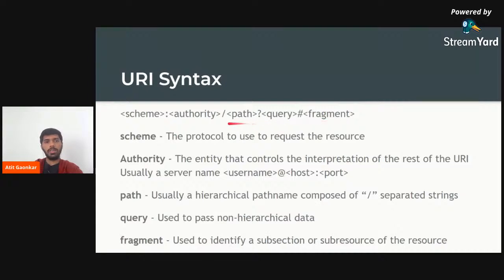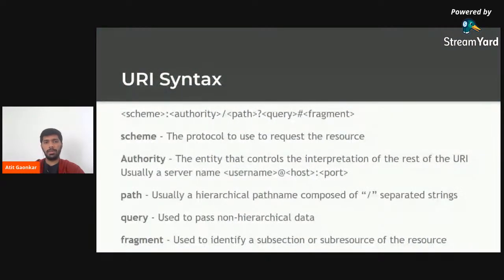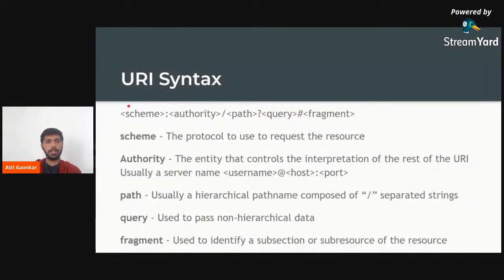So now let's see how a URI syntax is made. This is the general format of how the syntax is made. The first thing it consists of is the scheme. The next is the authority, then the path. As you can see, the query and fragment follow the path. Now what is the scheme? The protocol that you use to request the resource is the scheme.